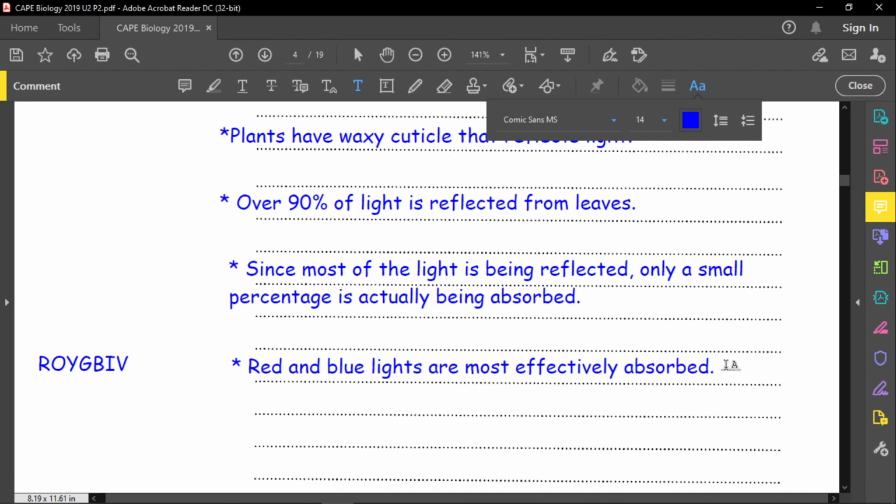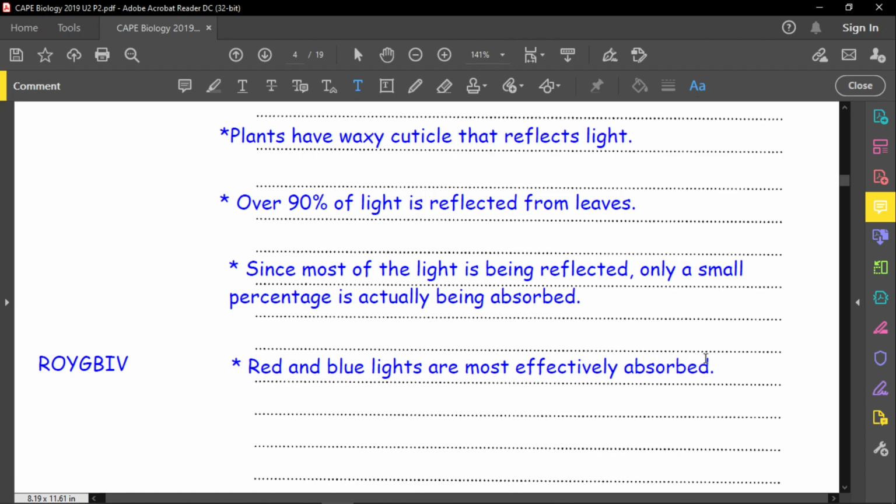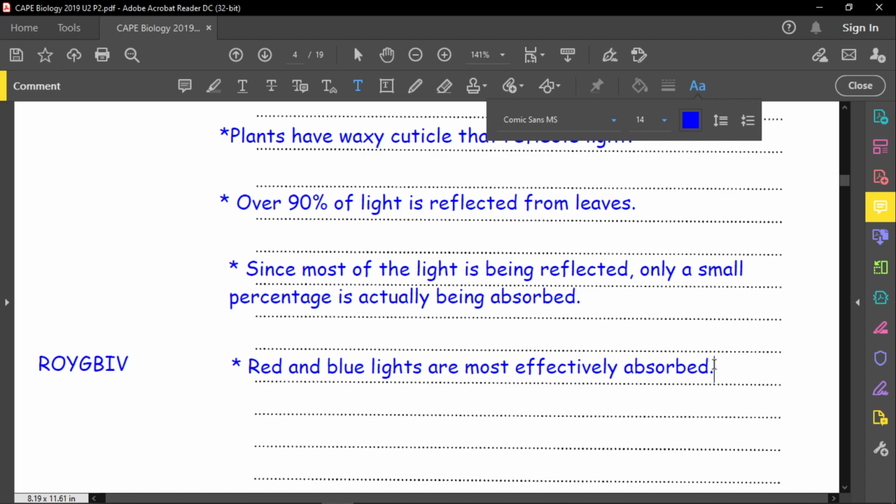What I also want to mention here, let's make this a note, is that green light is almost completely reflected. All right, so it is almost completely reflected. That's very important to note.